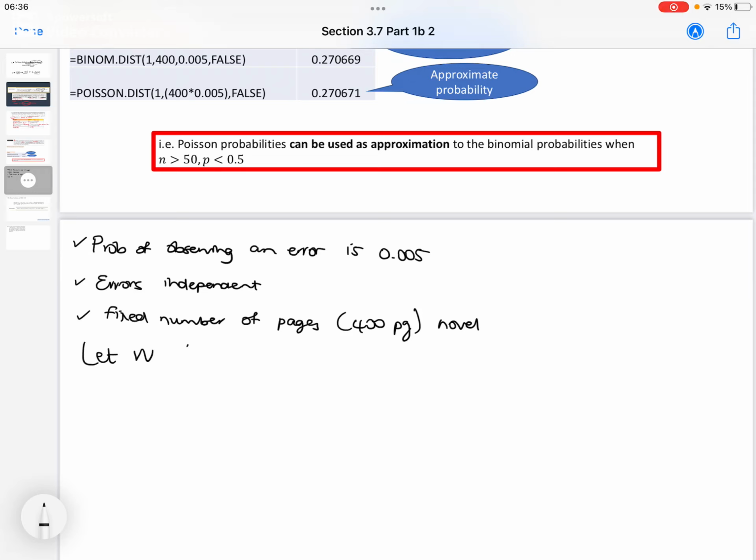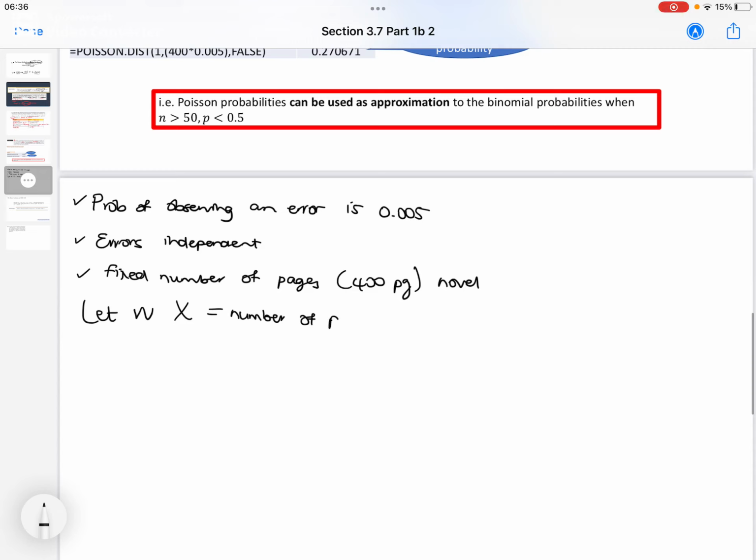If I define my random variable x as the number of pages that contain an error in a 400-page novel, then x can be denoted as a binomial random variable.